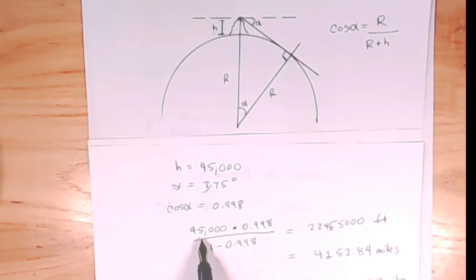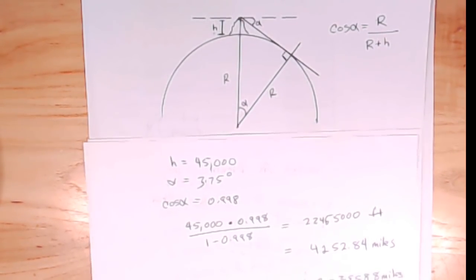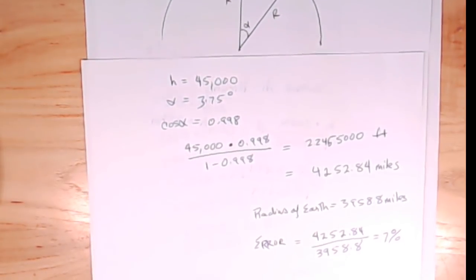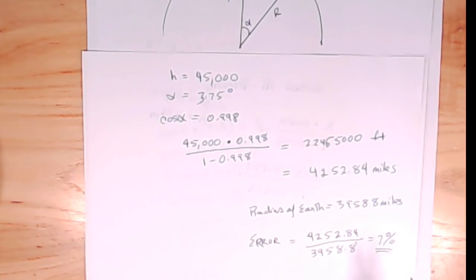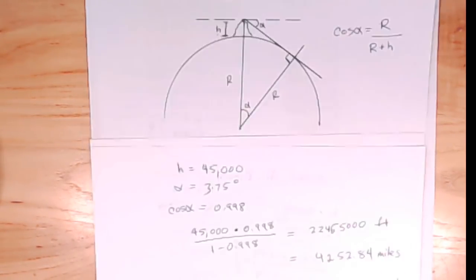So we'll plug our numbers in. 45,000 feet times 0.998 divided by 1 minus 0.998 gives us this number of feet, which works out to 4,252.84 miles. The actual radius of the Earth is 3,958.8 miles, giving us an error of 7%.